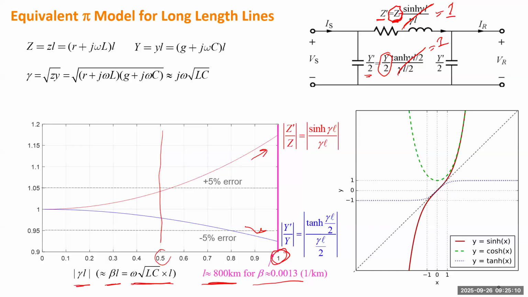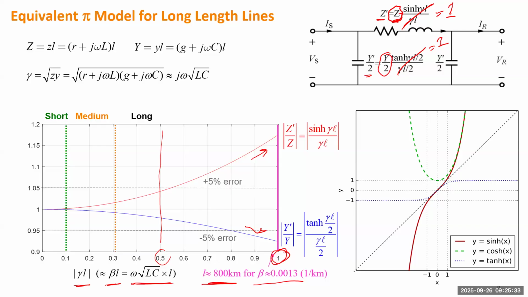But definitely, if you take the long line model, that would be 100% accurate. Let's take a look at the boundary values. We talk about separating the short lines, medium lines, and long lines, right? Close to 0, that would be a short line. Close to 400 kilometers, that would be a long line.